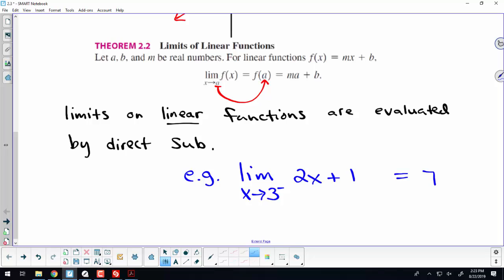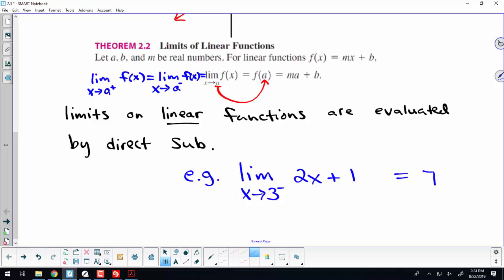So just so you're clear as to the implications of this, it's also a built-in statement about the one-sided limits. All of that is equal to just plugging a into the function.